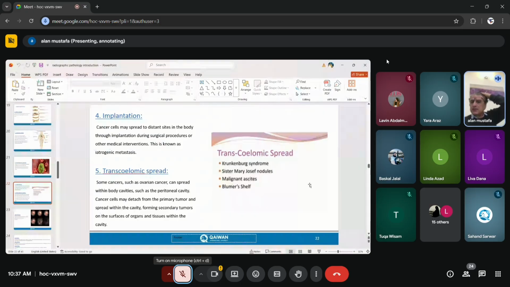These are all examples of transcoelomic spread. It is very easy to forget this phrase, so please look up its meaning on Google.